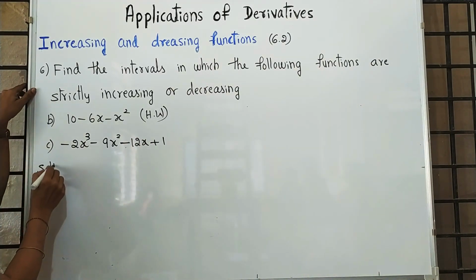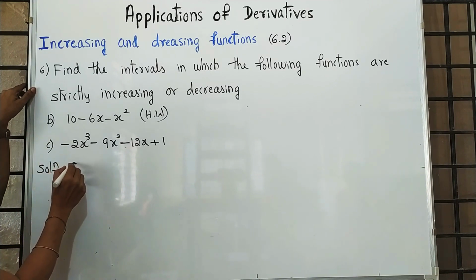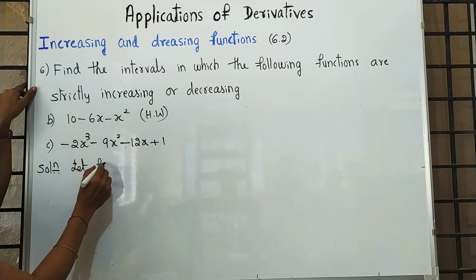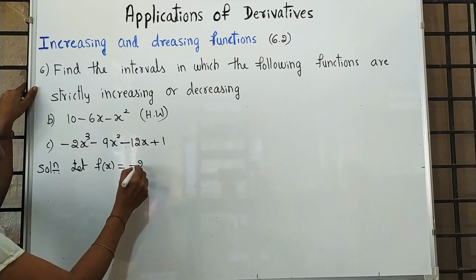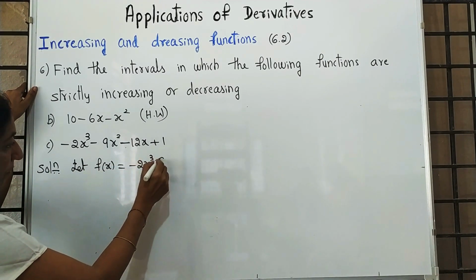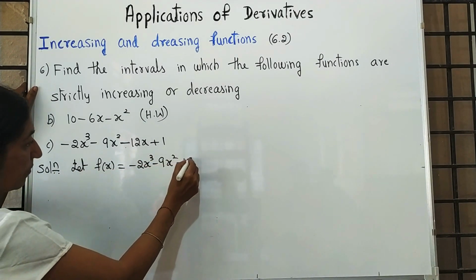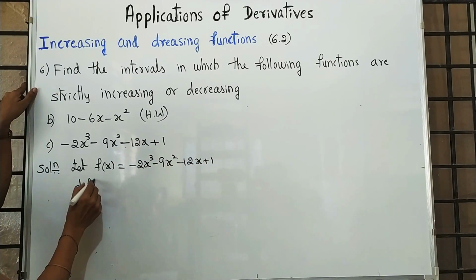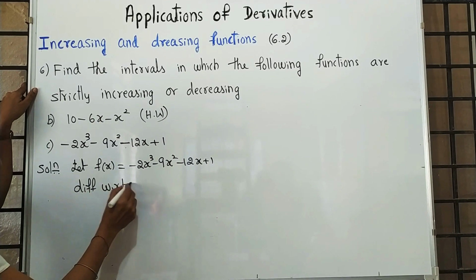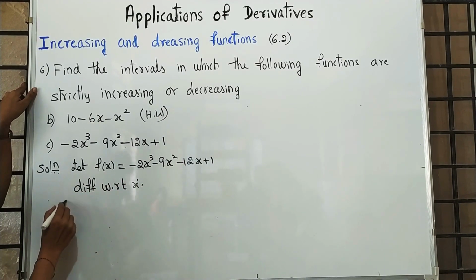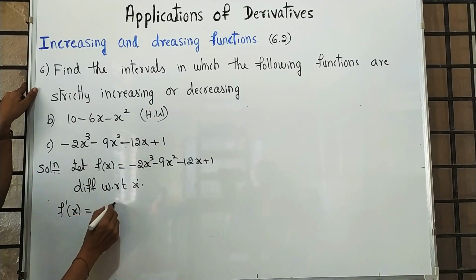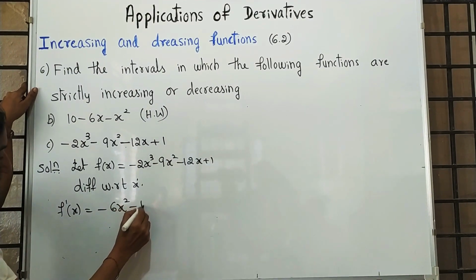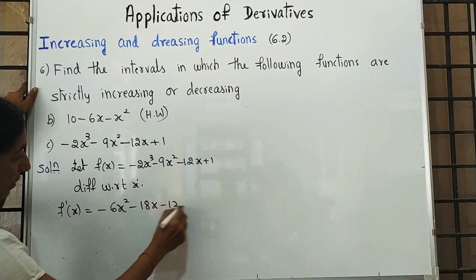As you know, first we have to write the solution. Let f of x is equal to, write down the given function, minus 2x cube minus 9x square minus 12x plus 1. Now differentiating with respect to x, f dash of x is minus 6x square minus 18x minus 12.